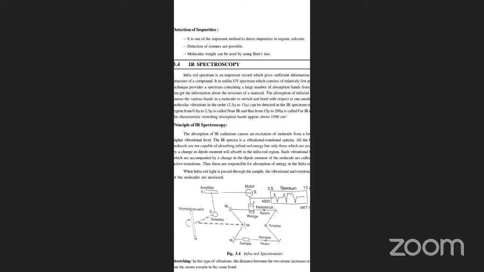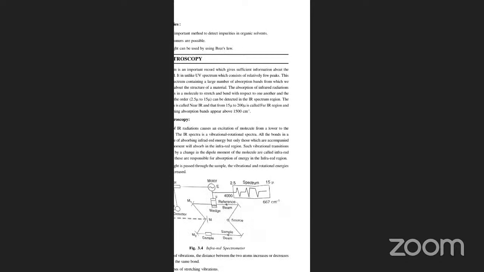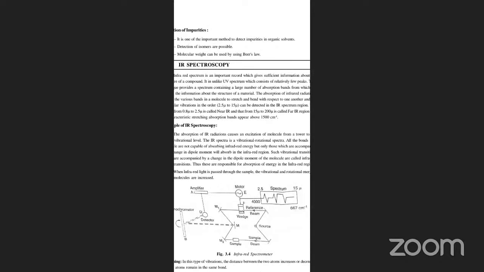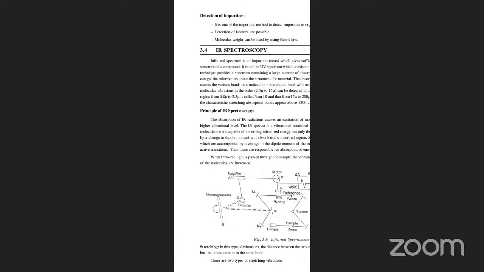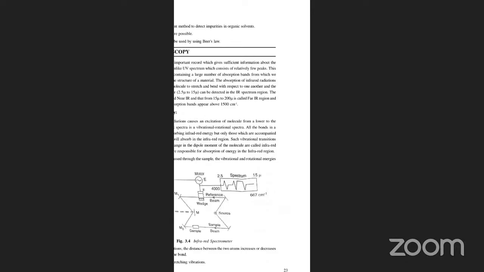All the bonds in a molecule are not capable of absorbing infrared energy, but only those which are accompanied by a change in dipole moment will absorb in the infrared region. Such vibrational transitions which are accompanied by a change in the dipole moment of the molecule are called infrared active transitions. Thus they are responsible for absorption of energy in the infrared region.